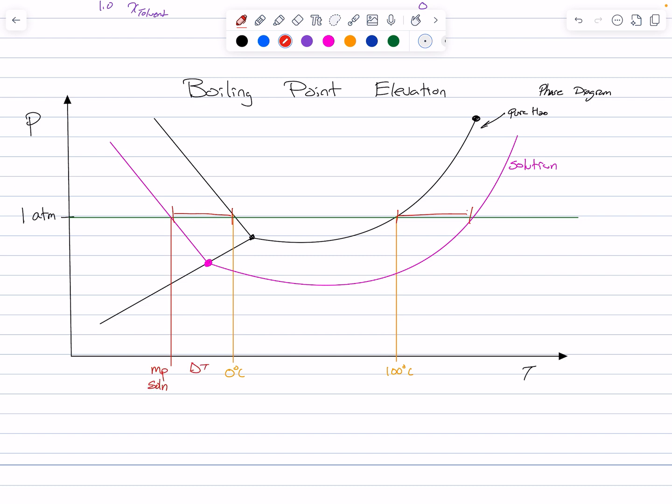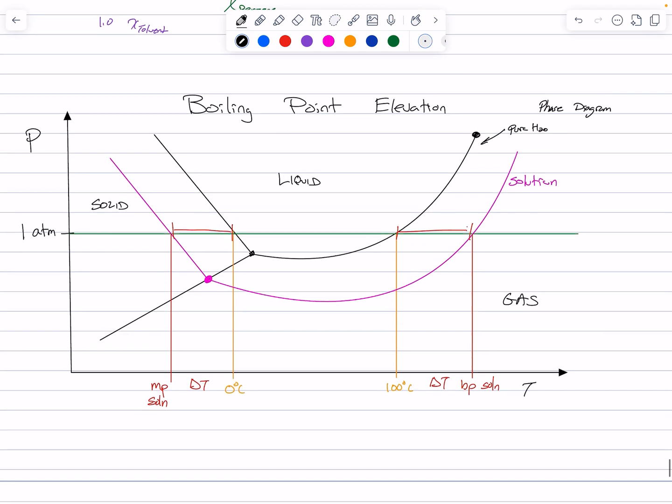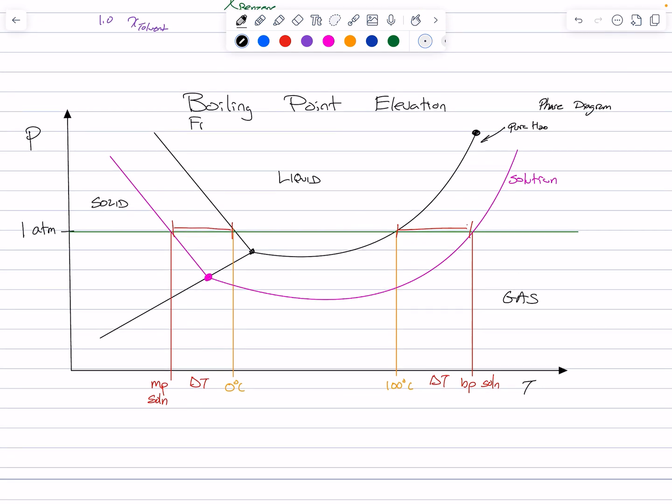And this is a delta T. And this is the boiling point of the solution, which is another delta T. So there's 2 delta T's, and they're different. All right. So again, if I labeled it, this is the solid, liquid, and gas or vapor. All right. And so what happens, because of the boiling point elevation and freezing point depression, let me put that in there.